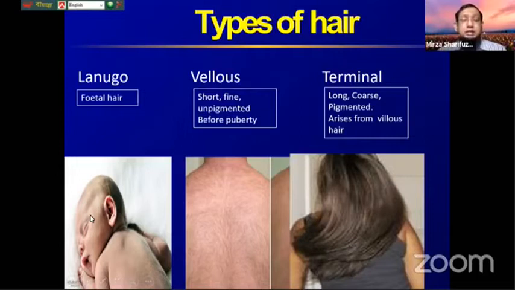Vellus hair is short, fine, unpigmented, appears before birth up to puberty, and is distributed all over the body, which finally differentiates to terminal hair. This is long, coarse, and pigmented hair that arises from vellus hair.